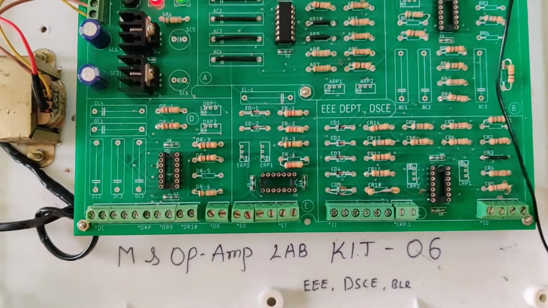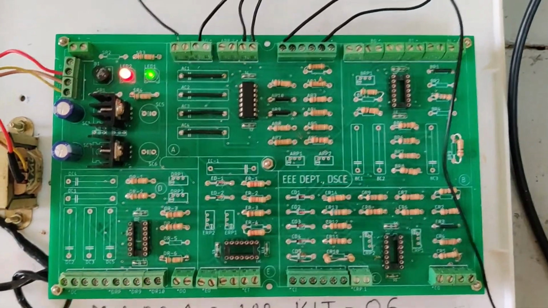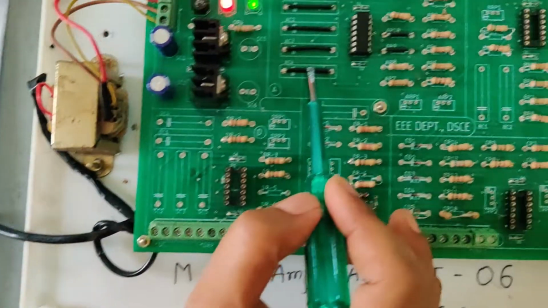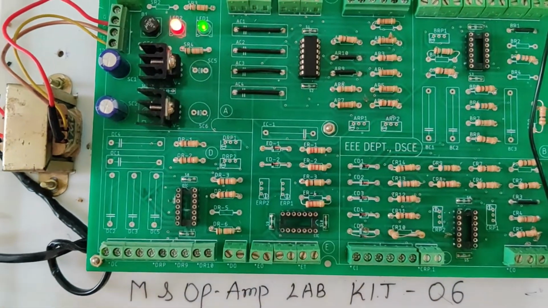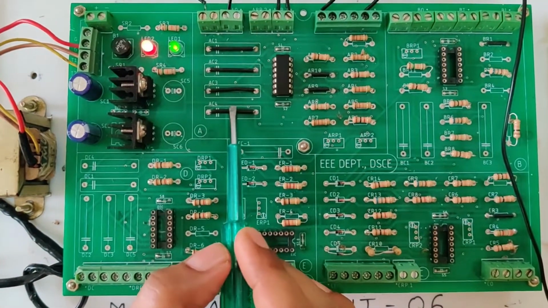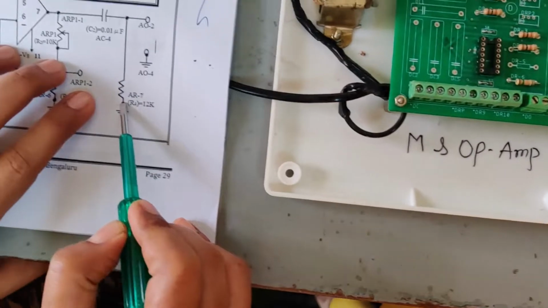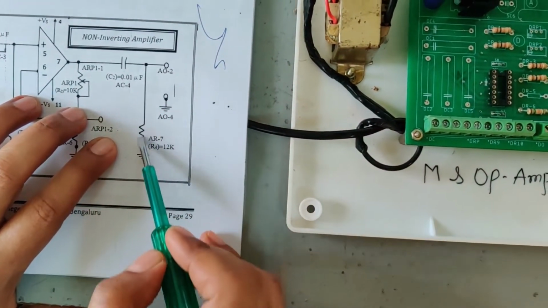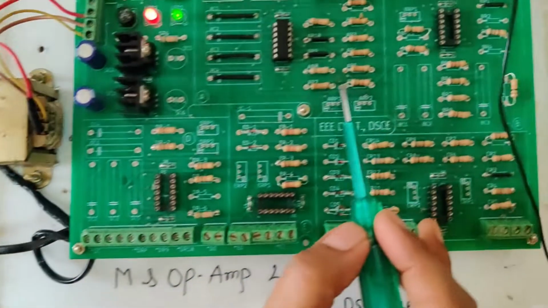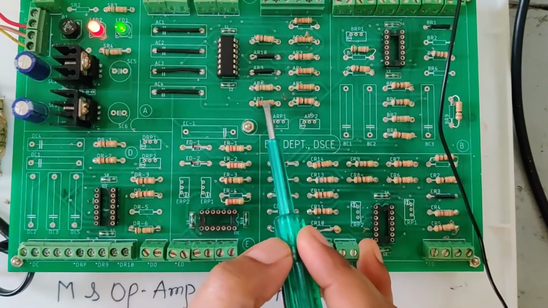Next from ARP11 it is connected to AC4. This is your AC4 along with your capacitor C2 which is internally connected. Then from this point AC4 it is given to AR7, that is also internally connected. This is your AR7.